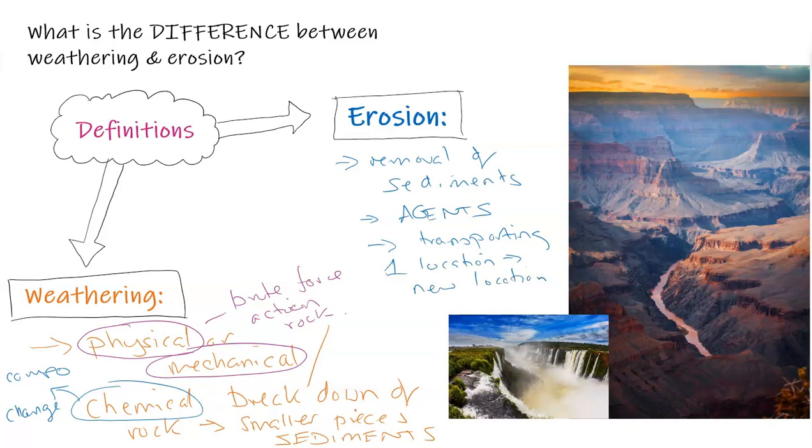Once that new location has been established, we call this the drop-in of the sediment through gravitational forces, and the energy within that agent, whether it's continued or just diminished energy, would deposit, or we call deposition, the process of dropping that sediment again in a new location. So different environments are created. So really, weathering kind of comes first, with a close second, erosion, and these guys work in tandem to create the sculpting of the landscapes.